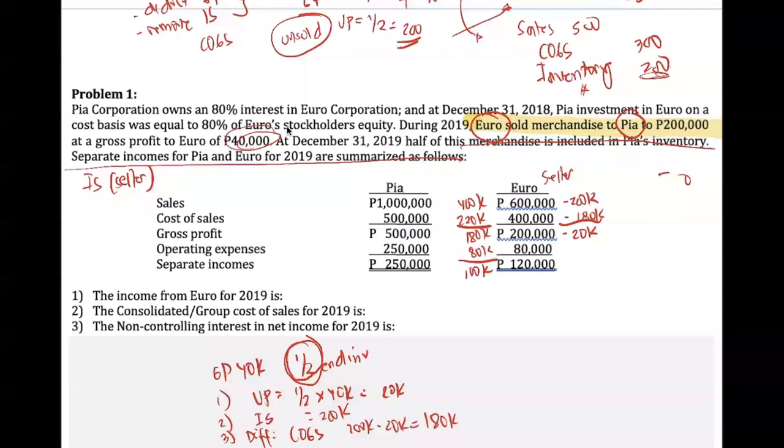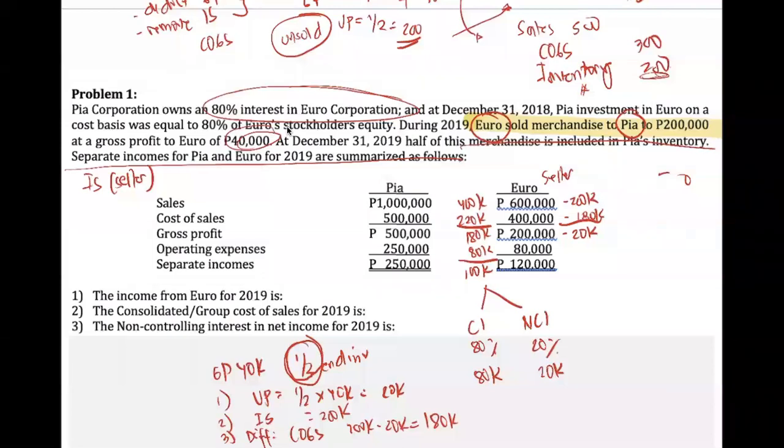So what is the income from Euro? Since our interest in Euro is only 80%, controlling interest is 80%, non-controlling interest is 20%. If asked, income from Euro, 80% is 80,000. 20% is 20,000. So our controlling interest is 80, non-controlling interest is 20.